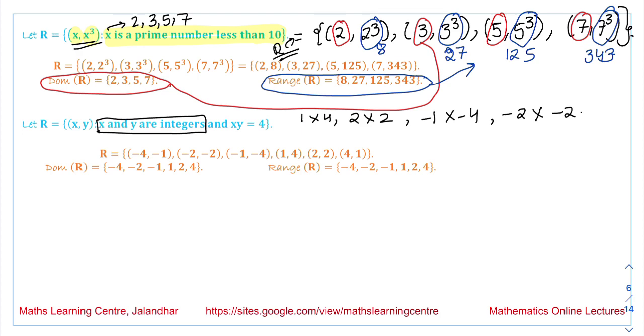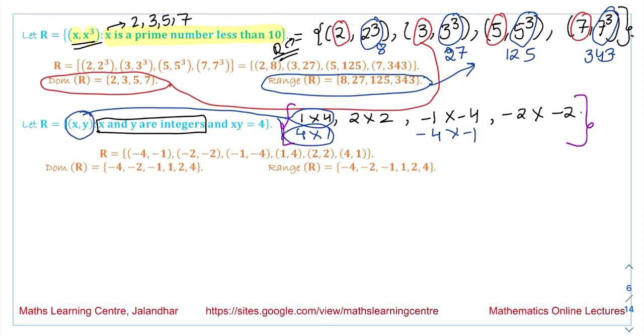Now, we can also take the values of x and y as 4 and 1, and minus 4 and minus 1, because it is a Cartesian product and we know that 1 comma 4 and 4 comma 1 are two separate terms. So these are the numbers for which the product will be 4, and we are writing them as ordered pairs.